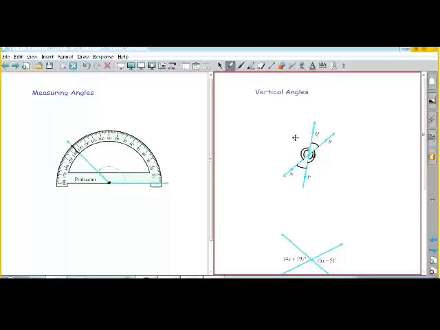So the rule here is, which angles are vertical with each other? Let's look at the angles. We have angle QMR, which is this angle, and the angle that's opposite, angle NMP, are vertical angles.